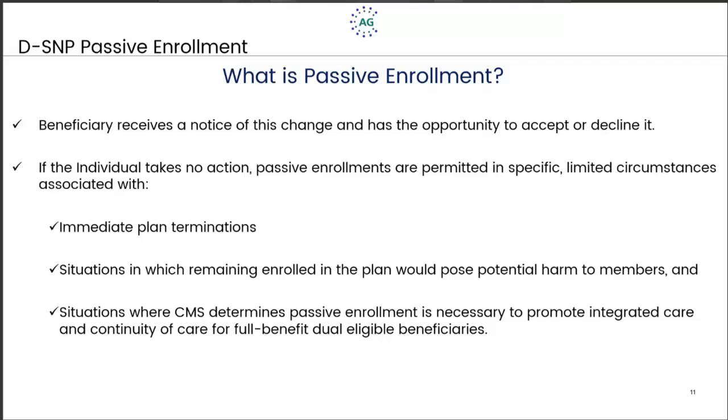Passive enrollments are permitted in specific limited circumstances associated with immediate plan terminations, situations in which remaining enrolled in the plan would pose potential harm to members, and situations where CMS determines passive enrollment is necessary to promote integrated care and continuity of care for full benefit dual eligible beneficiaries. And that's really the one I think is most going to come up.